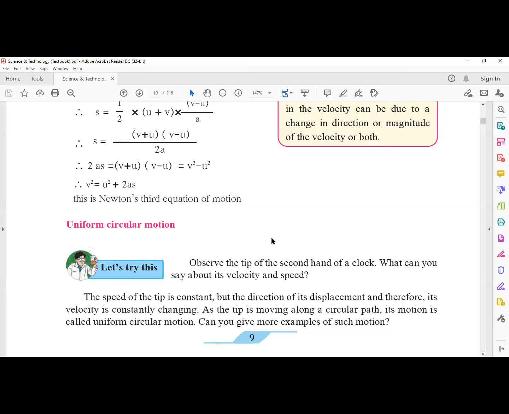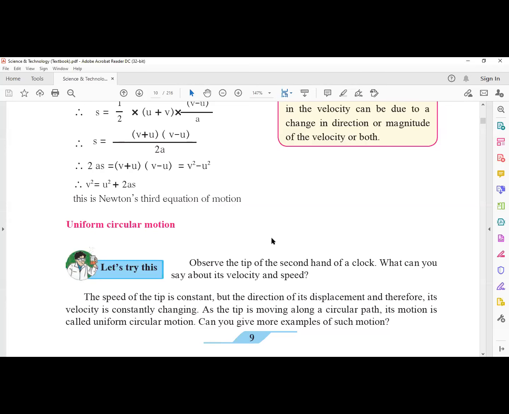All the three hands of a clock perform a circular motion, right? Rather, it is rotational motion, because it is rotating around that axis, the axis of rotation.